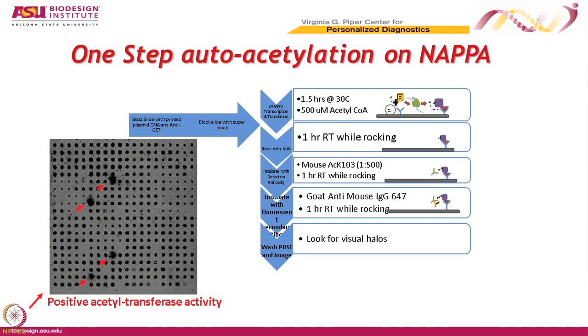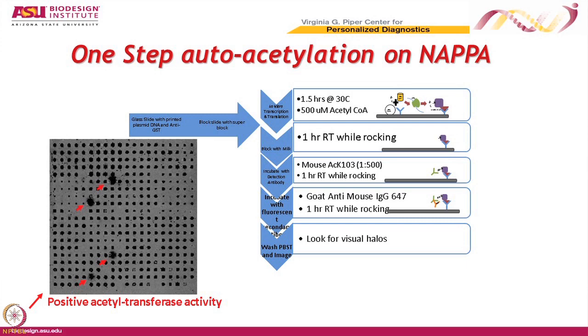Another assay, and I'm only going to show one slide from this because it's still an early study, is work that Ji Cho in the lab has been doing. And again, hopefully you can see the dark spot there, the dark spot there, the dark spot there. He basically was looking for proteins on the array that auto-acetylate.